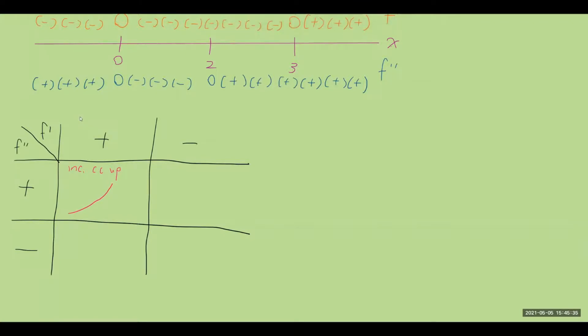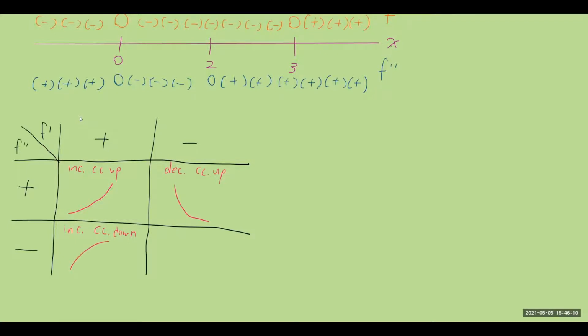Something like that. Okay, when f prime is negative and f double prime is positive, it's going to be decreasing but concave up, right? Decreasing and concave up is going to look like this, like part of the cup. When f prime is positive and f double prime is negative, we are looking at increasing, concave down, right? So it will look like this.